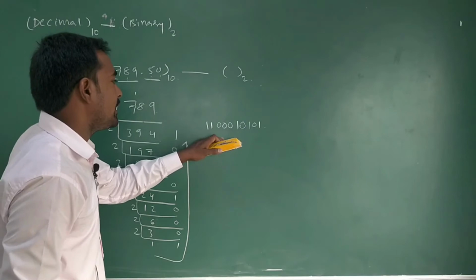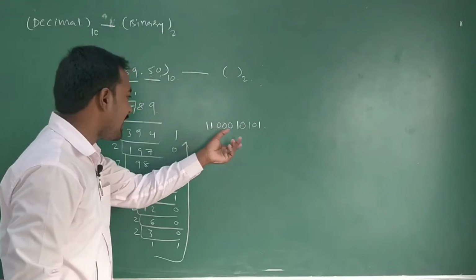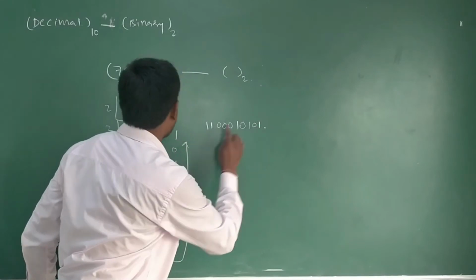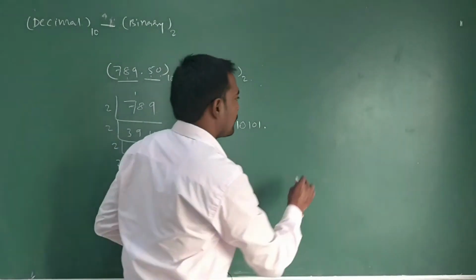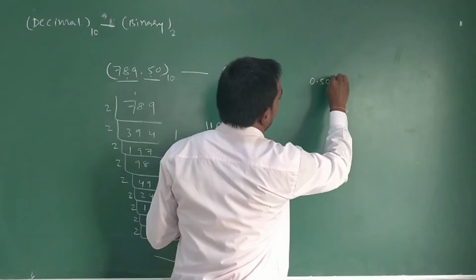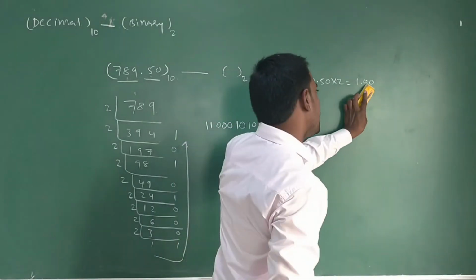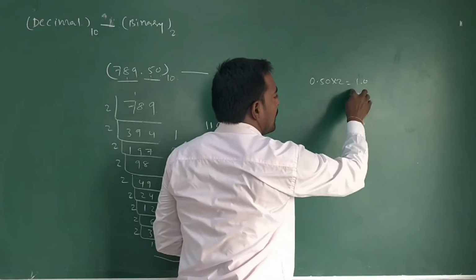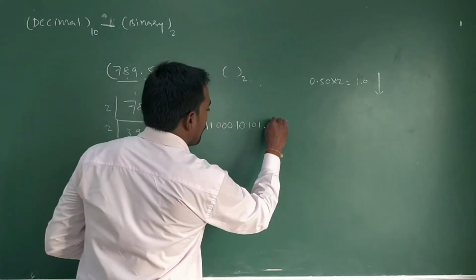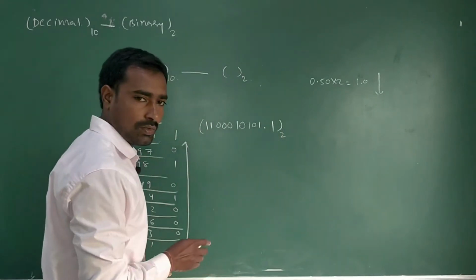So this binary number has only ones and zeros, and this value is equal to 789. After the fraction point, we have to multiply 0.50 by 2. 0.50 times 2 is equal to 1.00, and here we already get 1, so we take the 1, giving 0.1.